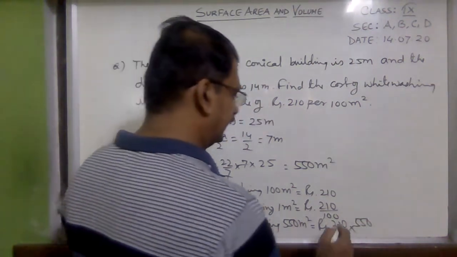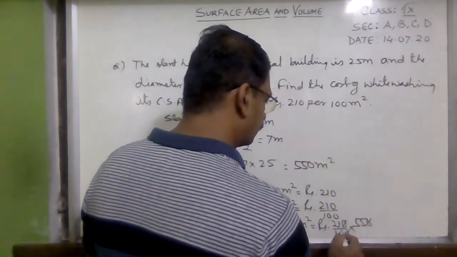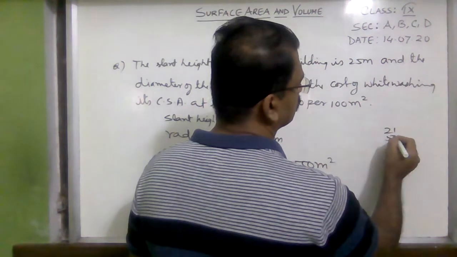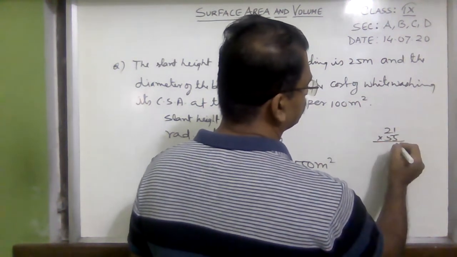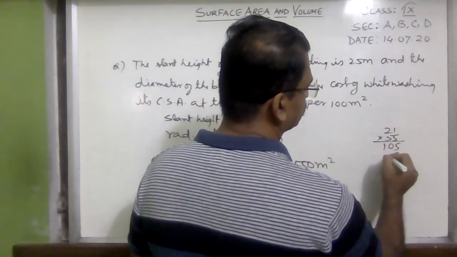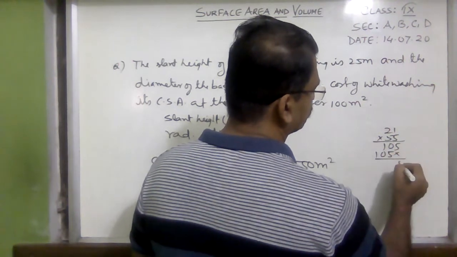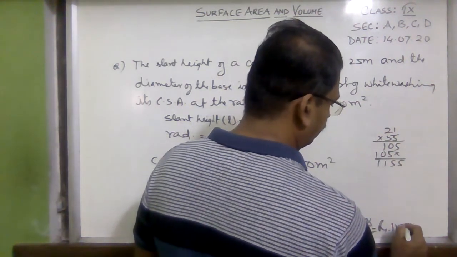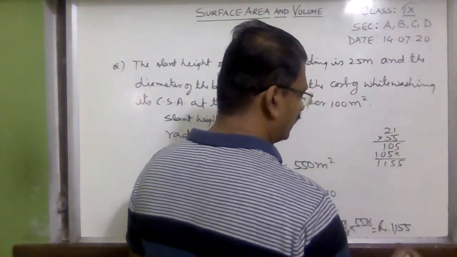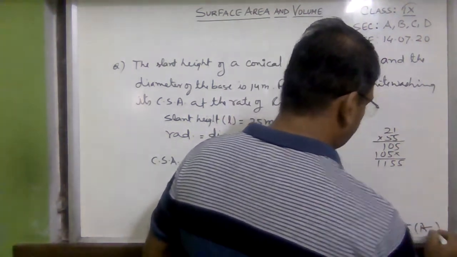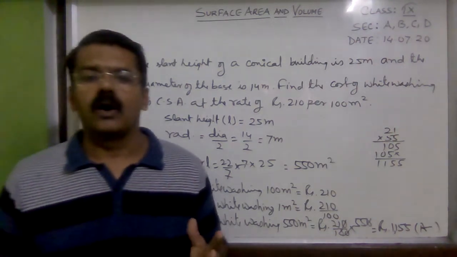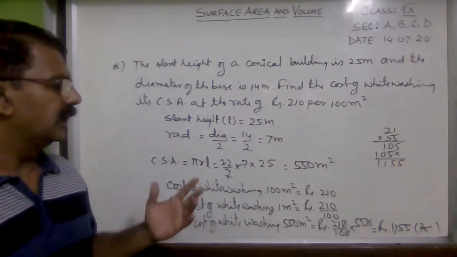That is 55 into 21, rupees 1155. 1155 is your answer.